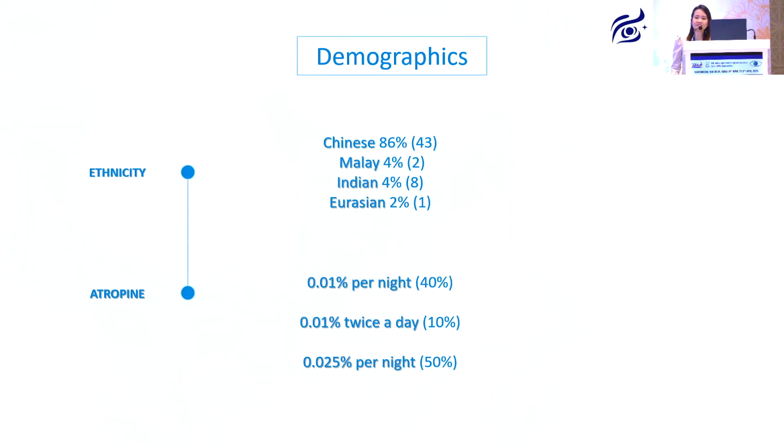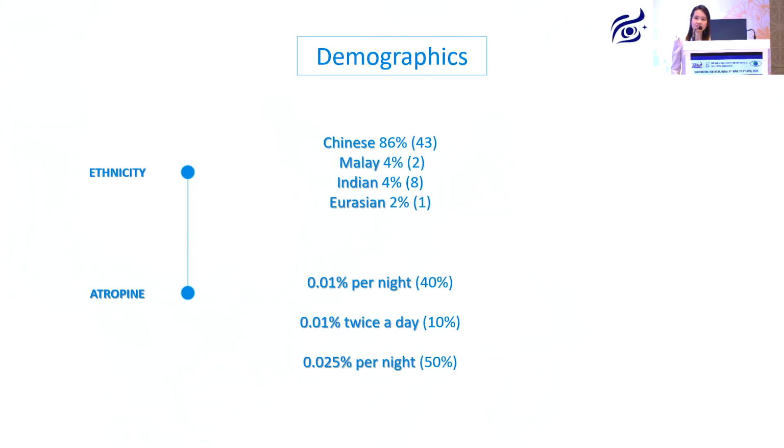We have a mixed ethnicity in Singapore with the majority being Chinese, and hence the subjects we recruited are very reflective of the population in Singapore, with close to 90% of them Chinese, as well as including Malay, Indian, and Eurasian.